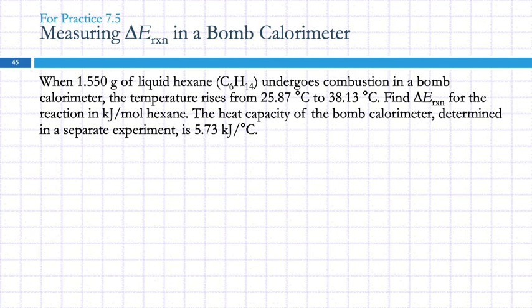Again, lots of words and lots of numbers. So there we've got a mass, we have a temperature change, we've got a heat capacity, and then they're asking us to find the change in internal energy for the reaction in kilojoules per mole of hexane.